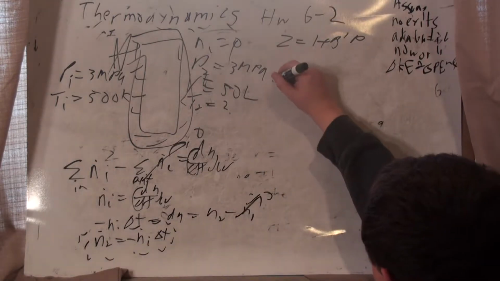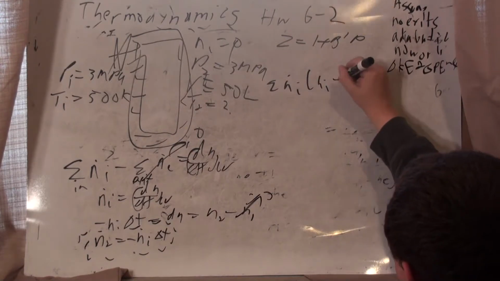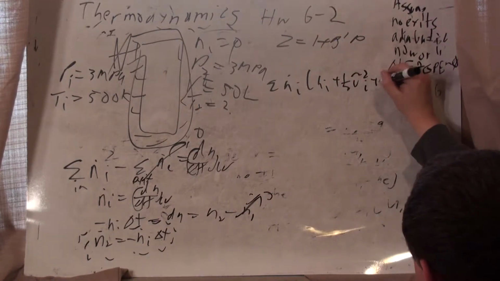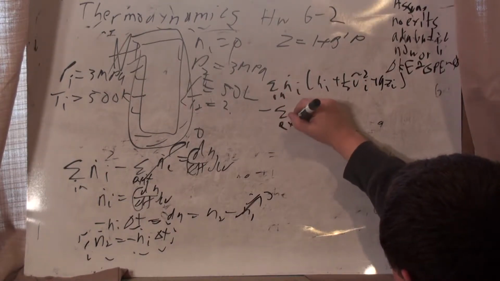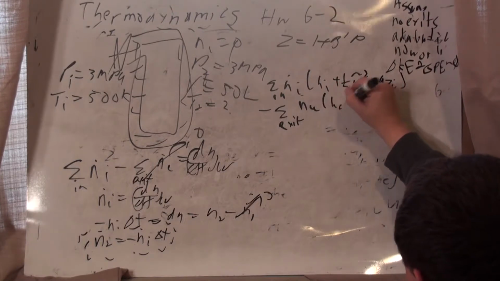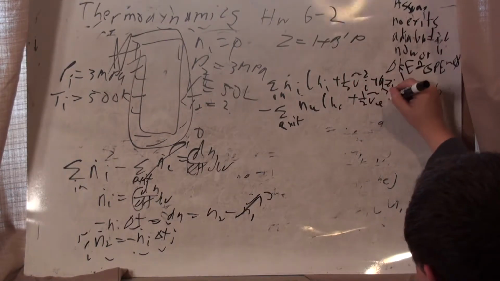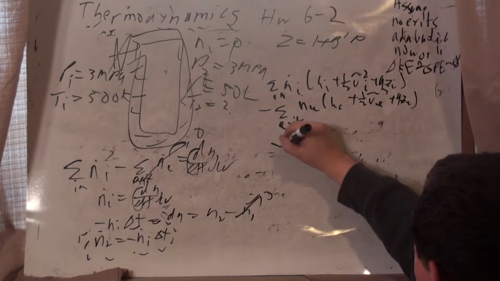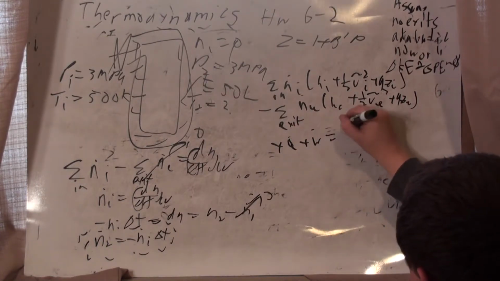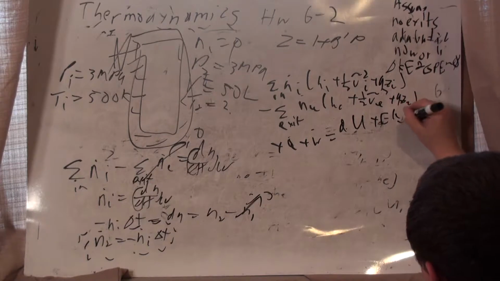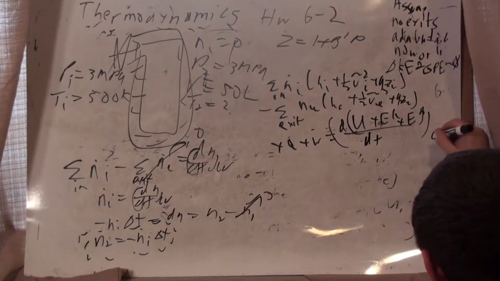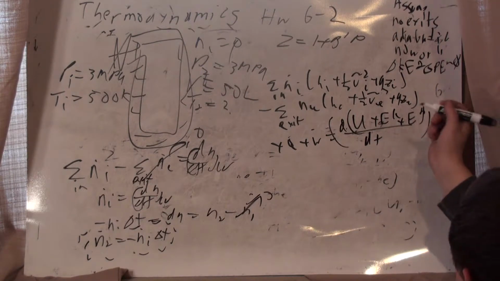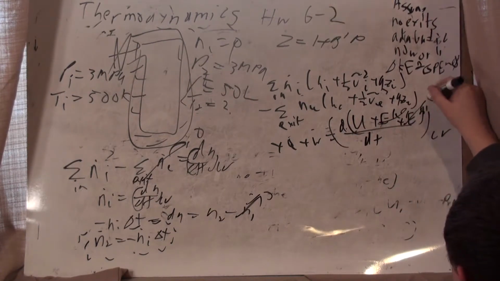Then we go to our energy balance. The summation of N dot I times (HI plus 1/2 E squared I plus G ZI) minus the exit N dot E times (HE plus 1/2 E squared E plus G ZE), plus Q dot plus W dot, equals d(U plus EK plus EP)/dt of the control volume.